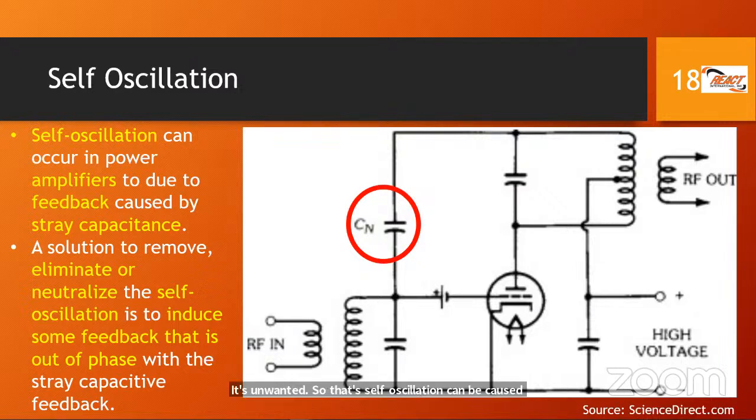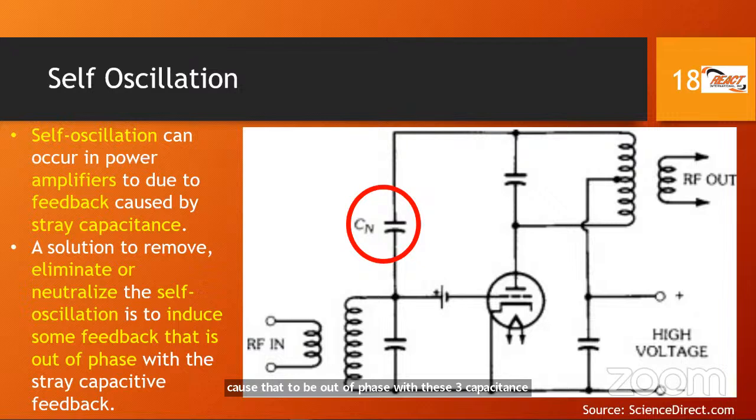But can you do something about it? Yes, you can. And that's why you're studying, that's why you're training, that's why you're learning the techniques and the theory associated with what can you do, what causes it, but most importantly, what can you do about it? So we can eliminate or neutralize that extra capacitance or stray capacitance in the circuit. And we do so by introducing some capacitance inside of there that will cause that to be out of phase with the stray capacitance, and therefore they cancel each other.